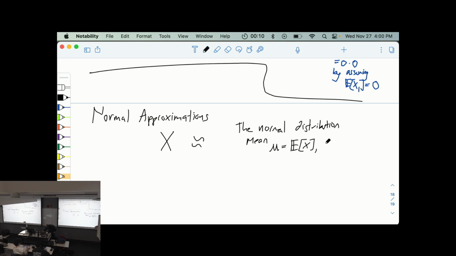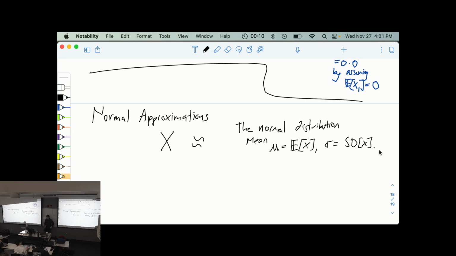And what should the standard deviation be? Well, it should be the standard deviation of whatever x is. So when someone does a normal approximation, they're saying, this x is way too much work to deal with. I'm going to replace it with this super easy distribution. I'm sure you guys feel, when you're looking at that complicated table, that the normal distribution is the simplest of all the distributions.